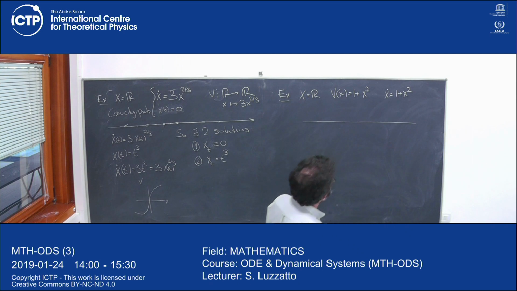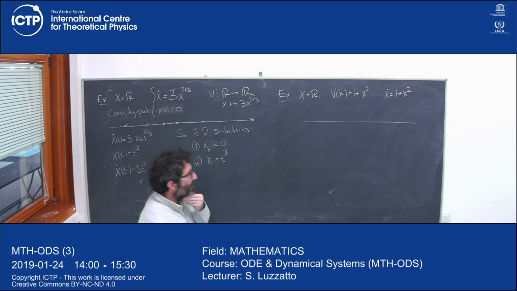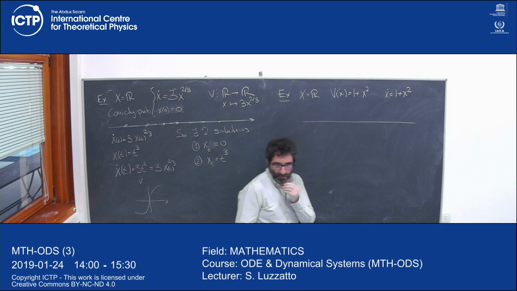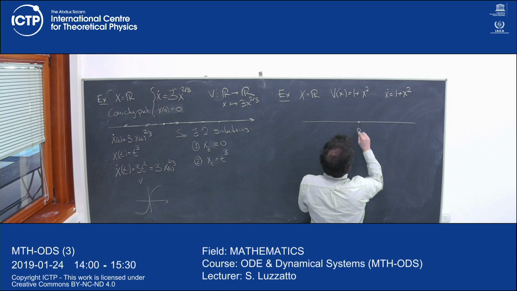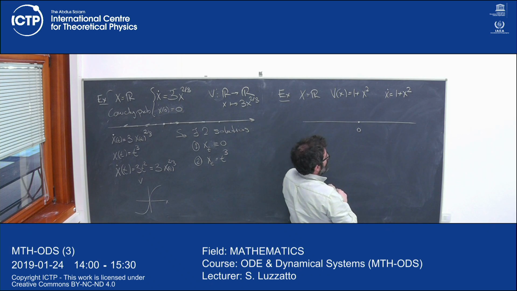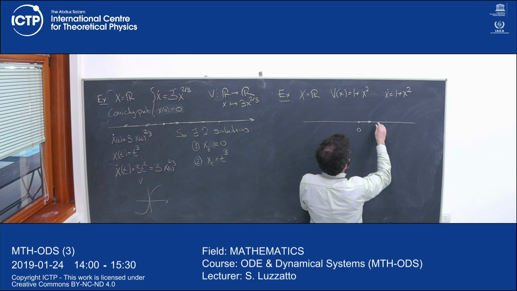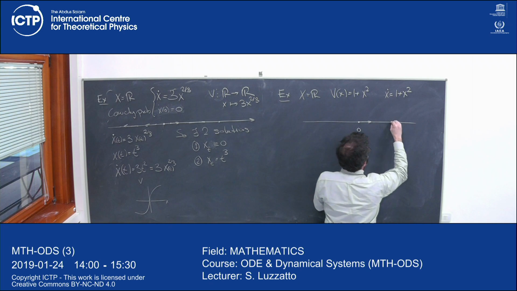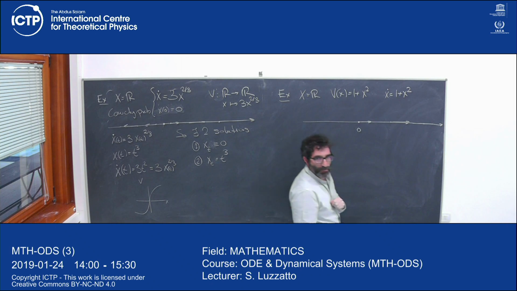So what does this look like? Does this have any fixed points? No, there's no point where x dot is equal to 0. At the point 0, x dot is 1, and then as you go larger, it gets bigger, like 1 plus x squared.